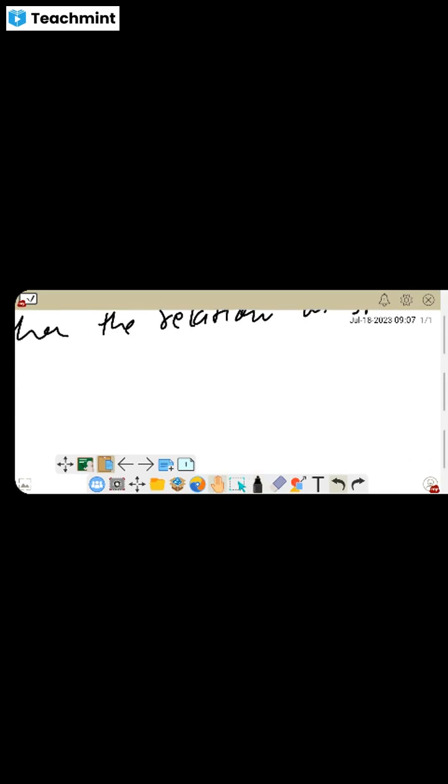And equivalence relation. Next type is equivalence.